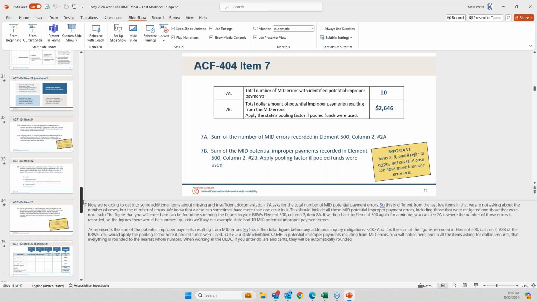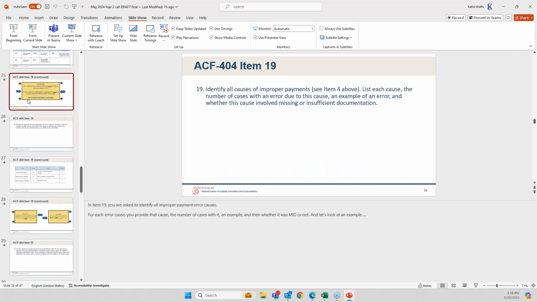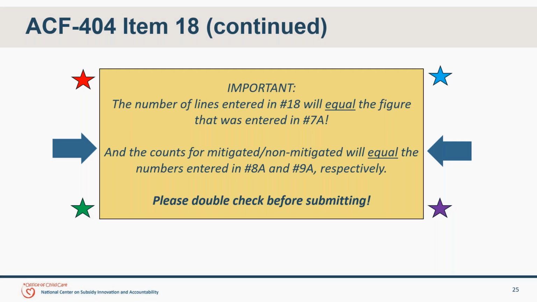I'll go back over to 18. And then the counts for number of rows with mitigated errors and non-mitigated errors, the number of rows you have for those are going to equal the figures you entered back in 8A and 9A.